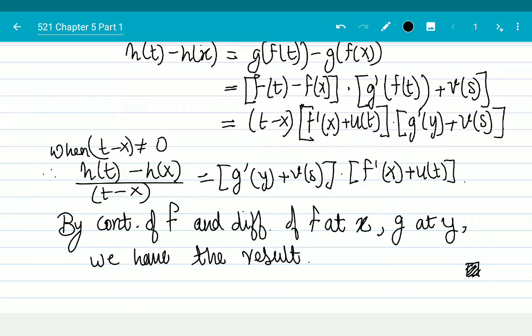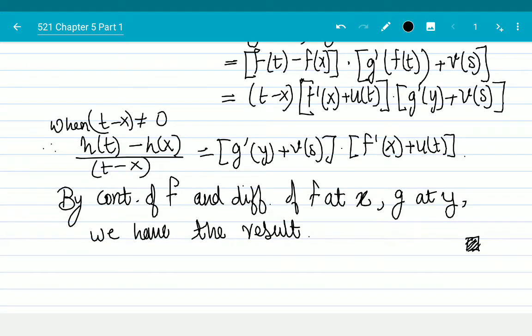Similarly, u of t should go to 0 as it is differentiable. So the total thing goes to 0, and I have that the result is g prime at f of x multiplied by f prime of x.